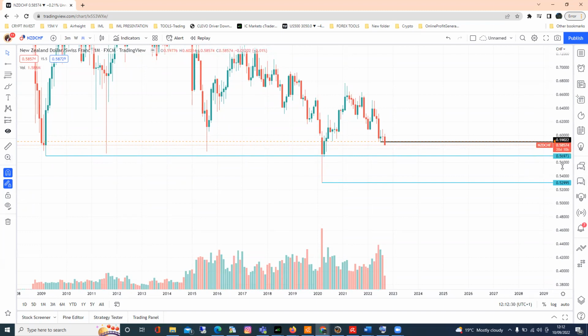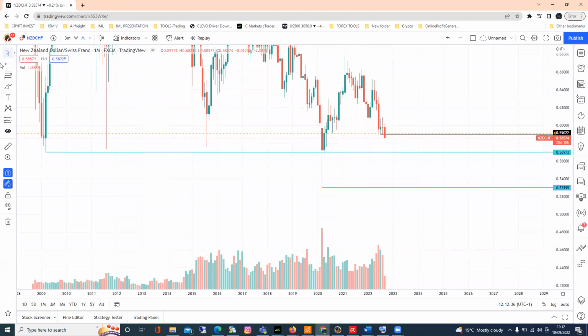It's not about taking profit at the exact price. You need to take the profit slightly above, maybe about 5 to 10 pips as a general rule of thumb, before price actually gets there. That's about 150 pips away, and then the next target will be about 563 pips away.